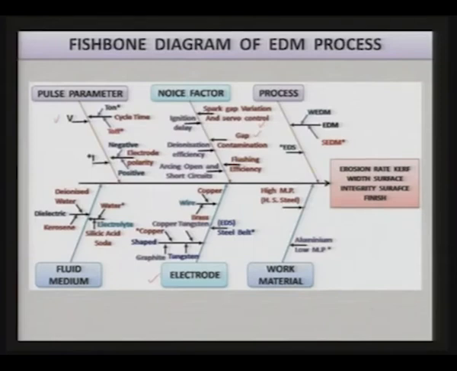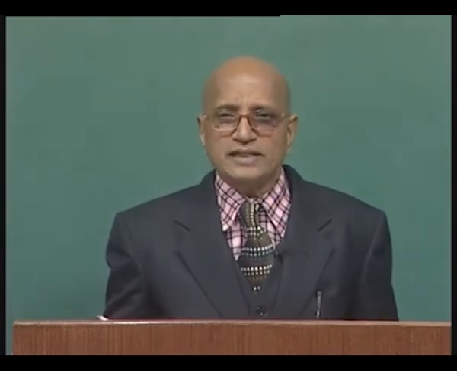Once the EDM process starts, then you have the reaction products or the debris in the inter-electrode gap, you have the gases evolved during the EDM process due to the highly intensified heat generated in the localized area. So, the dielectric also vaporizes and you have all these gases over there, and once the breakdown voltage is reached, then you have the plasma column.